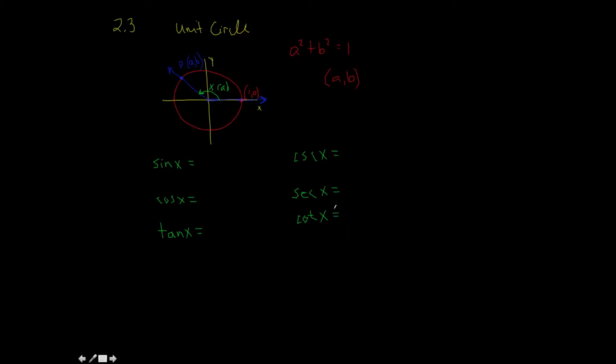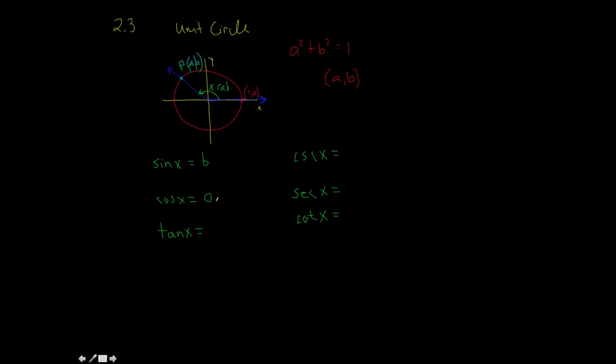So, what is sine x here? Well, sine x is always going to be b, the b of our point right here. Now, remember, our point is (a, b). So sine x is the y-coordinate of that point.